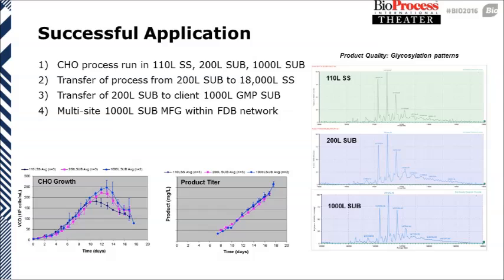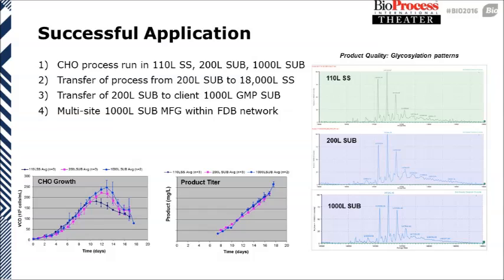So in conclusion, what we really want to do is targeted successful application of all of these analytics. And so here's an example where we've been using glycosylation by mass spectrometry to monitor what's happening at the various scales. And so what you're seeing here is a comparison in a 110-liter stainless steel reactor to a 200-liter single use to a 1,000-liter single use.